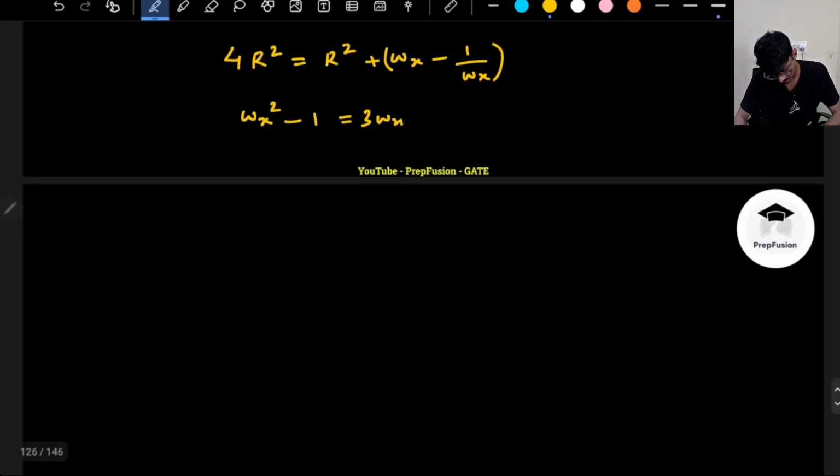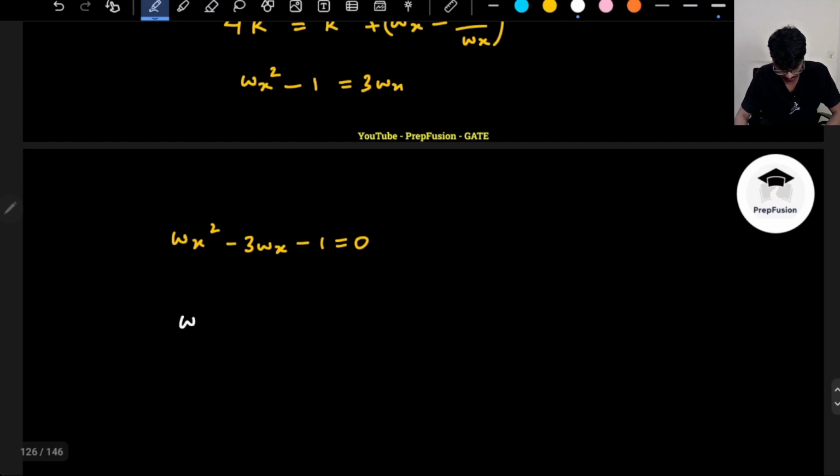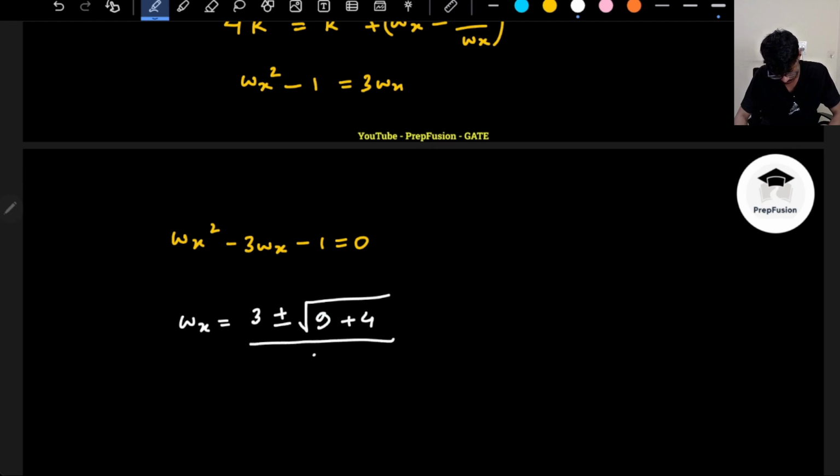So from here I can write omega x squared minus 3 omega x minus 1 equals 0. So omega x will be equal to minus b plus or minus under root b squared minus 4ac, divided by 2a.